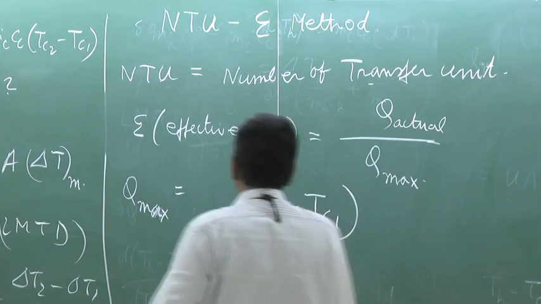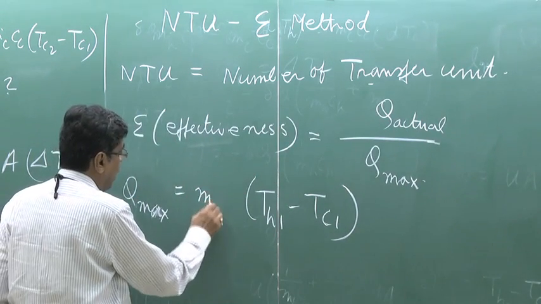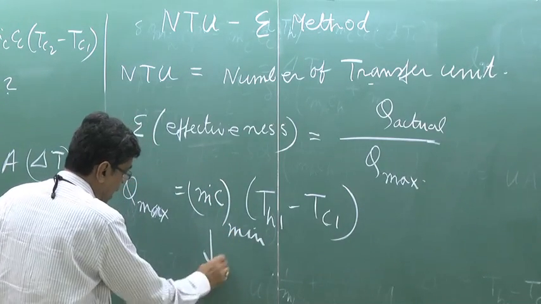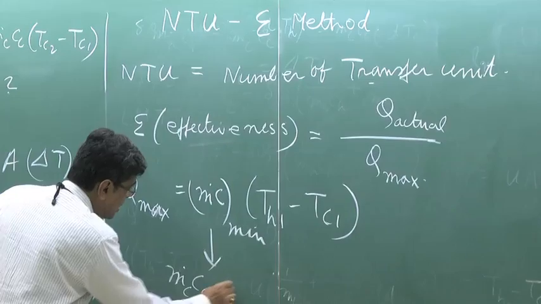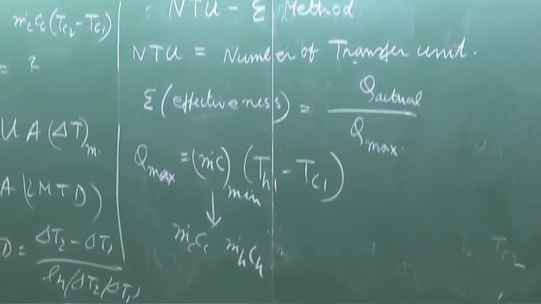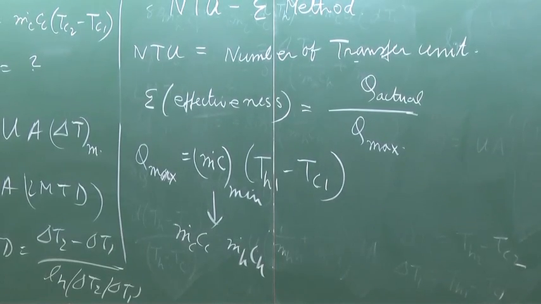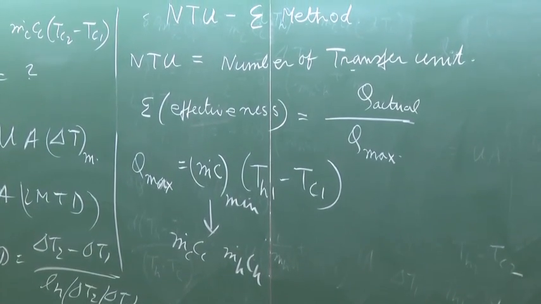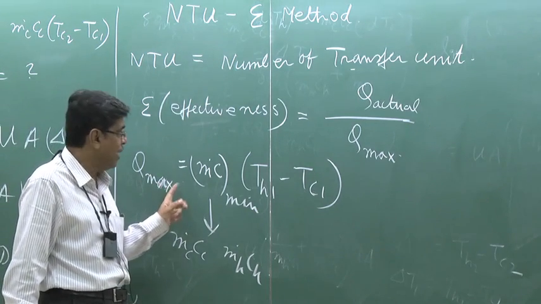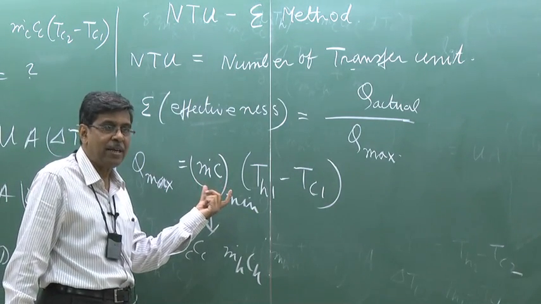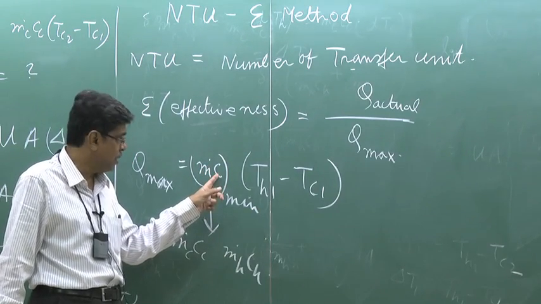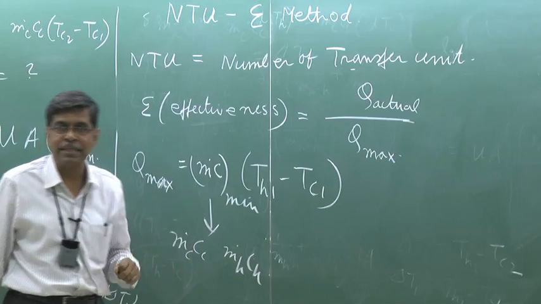So it is written in a generic way, m dot c minimum, which may be either m dot c of the cold or hot fluid, that I have to calculate from the specific heat values and the mass flow rate values. Clear? That means the ideal or the maximum heat transfer is defined as the minimum capacity rate, that is mass flow rate times the specific heat capacity, times the maximum temperature change.